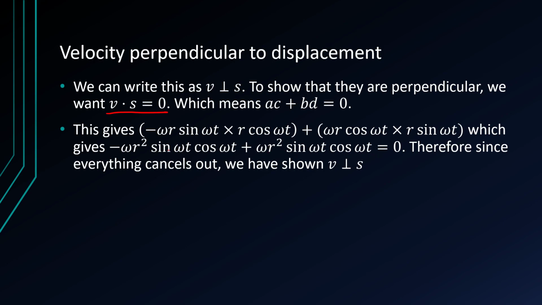So these are actually the same thing, but one of them is negative and one of them is positive. Therefore, they add to be 0. And of course, if the dot product is 0, the angle between them is 90 degrees. So therefore, we have indeed shown that the velocity is perpendicular to the displacement.